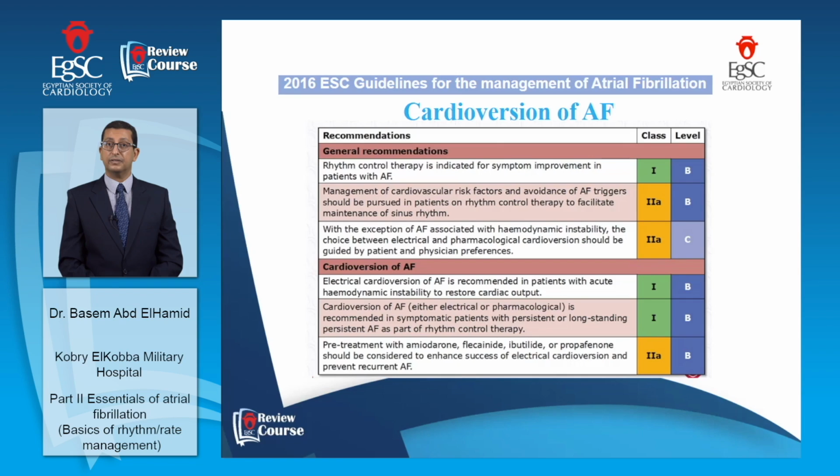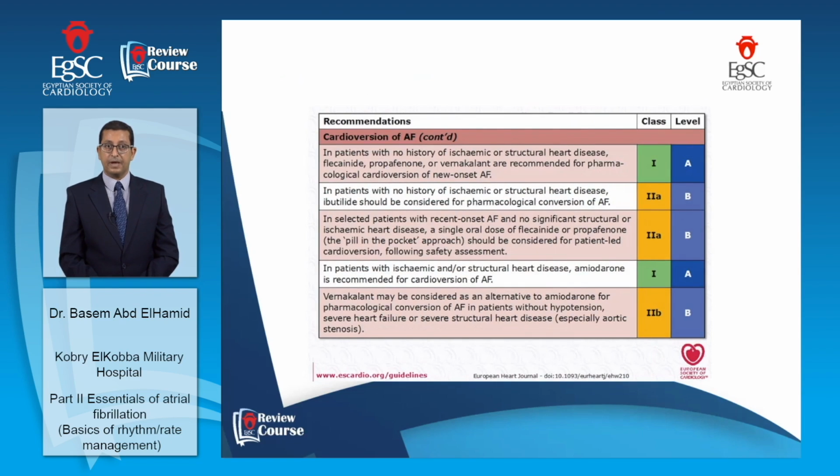In patients with no history of ischemic or structural heart disease, flecainide, propafenone, vernakalant are recommended for pharmacological cardioversion of new-onset AF. In patients with no history of ischemic or structural heart disease, ibutilide should be considered for pharmacological conversion of AF.